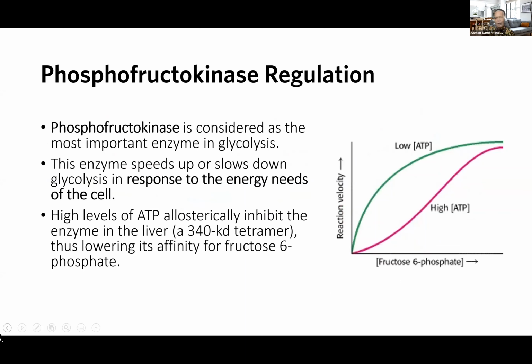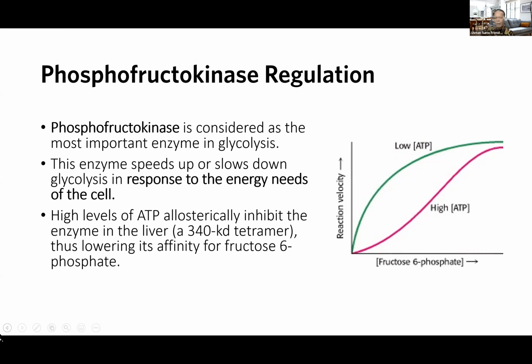Then let us see the phosphofructokinase regulation. Phosphofructokinase is considered the most important enzyme in glycolysis. This enzyme speeds up or slows down glycolysis in response to the energy need of the cell. Once again, it can speed up or slow down glycolysis in response to the energy need of the cell.